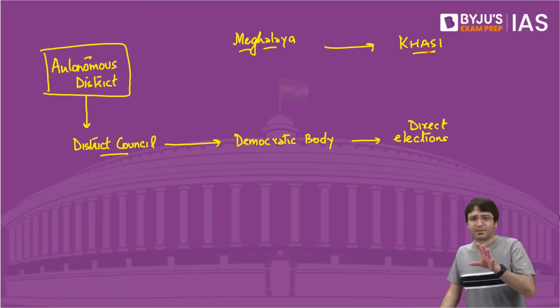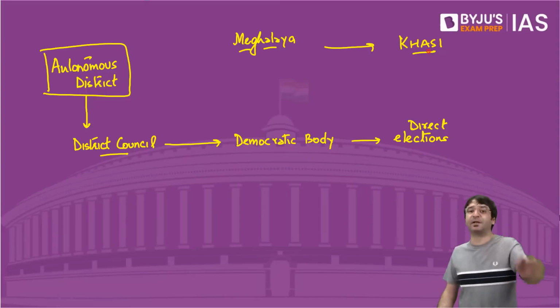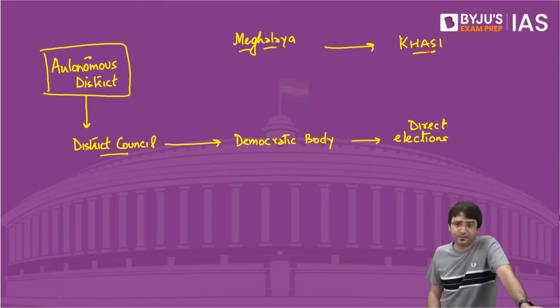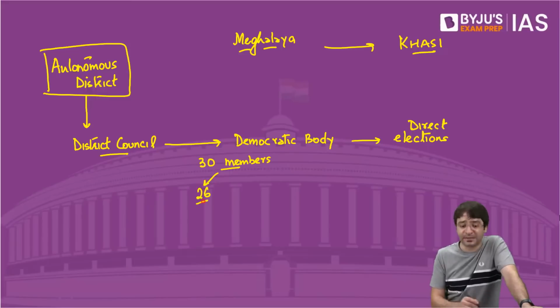And this autonomous district will be provided with a district council. In this district council, people, that means Khasis, will directly elect their representatives. For example, if this district council has 30 members, 26 will be elected, 4 will be nominated by the governor.